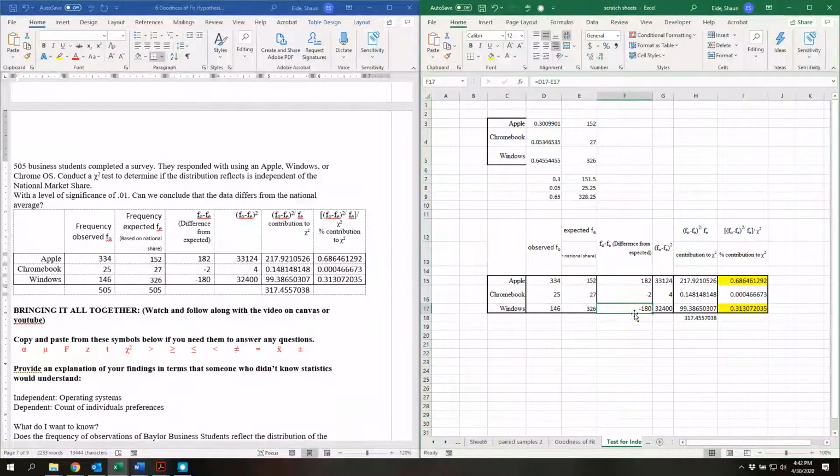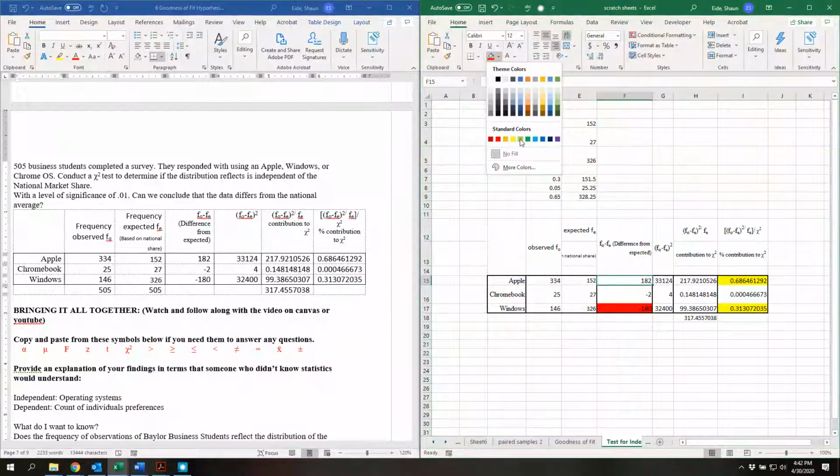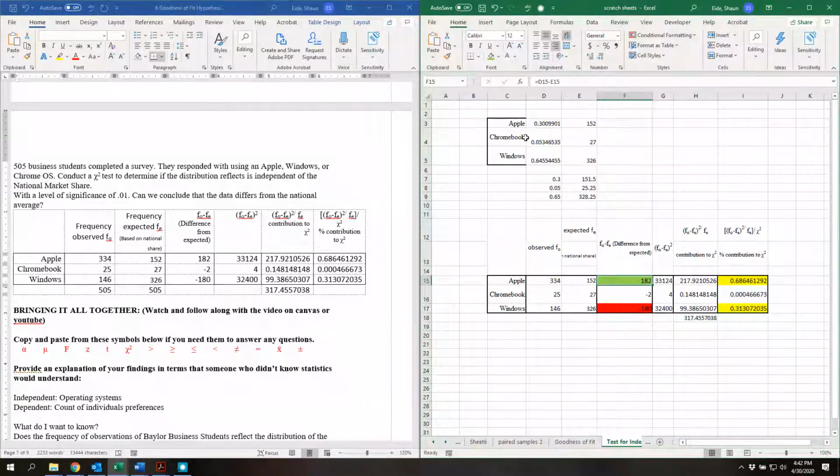And how is it that they differ? Well, I'm going to highlight this in red. These are the difference scores, and I'm going to highlight this difference score in green.